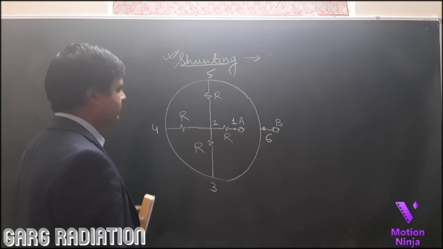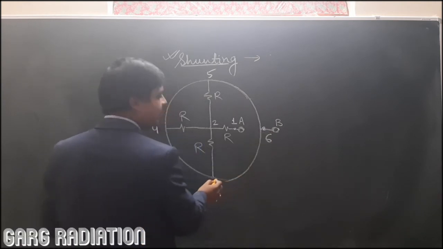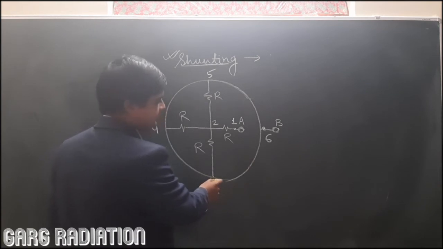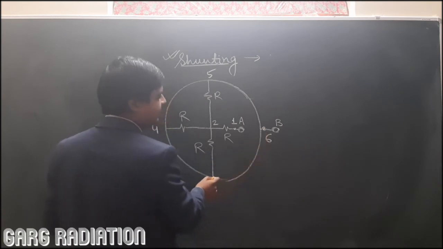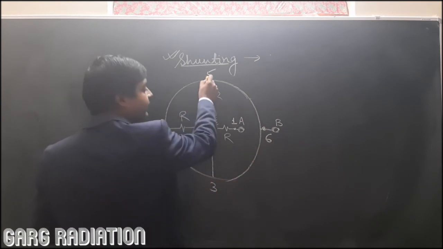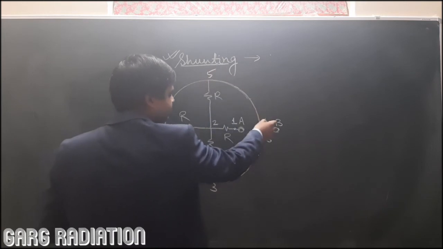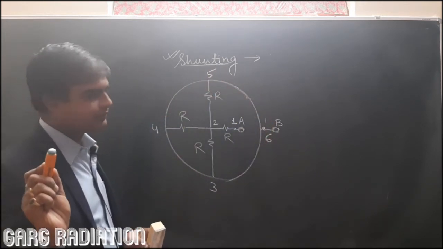Let's try to understand this. Do you think that 6 and 3 are identical? Yes, because a connecting wire is connecting them. So 6 and 3 are identical. 3 and 4 are identical. 4 and 5 are identical. And 5 and 6 are identical. So the entire circle has same potential.